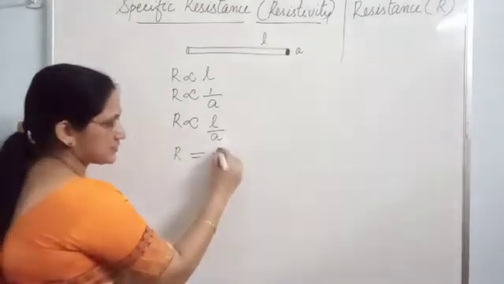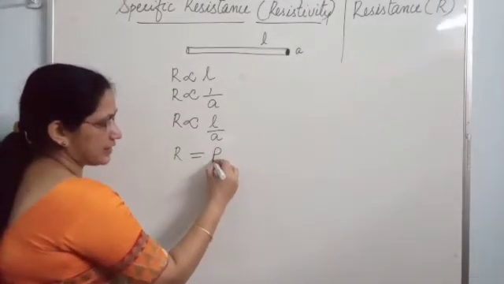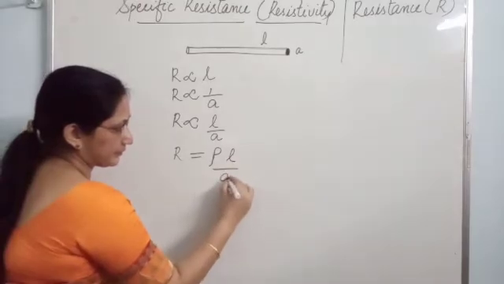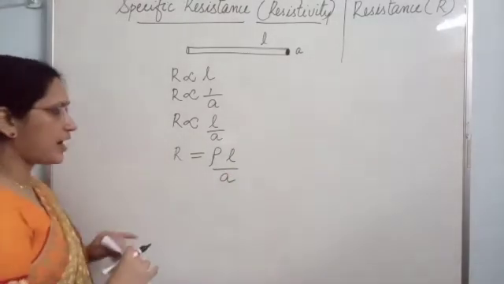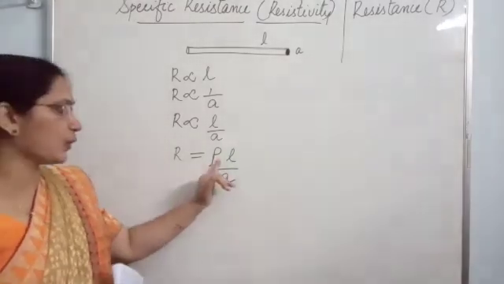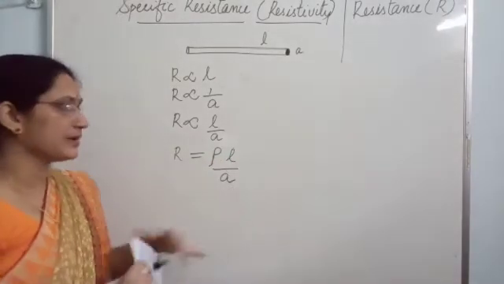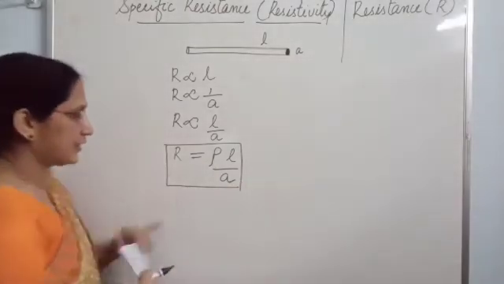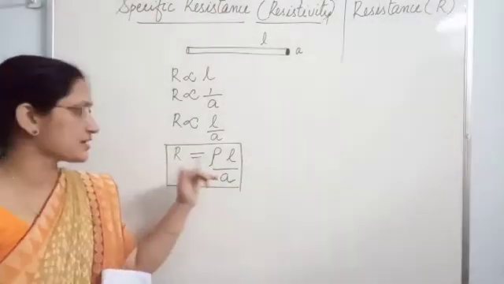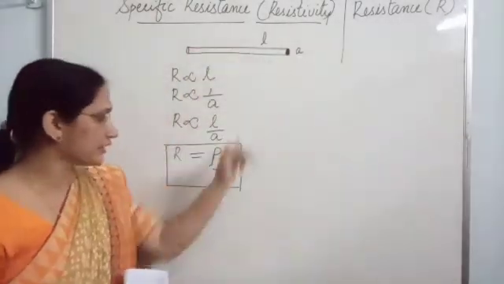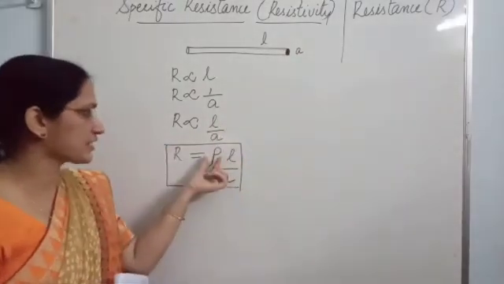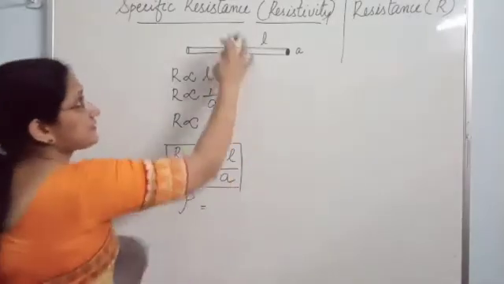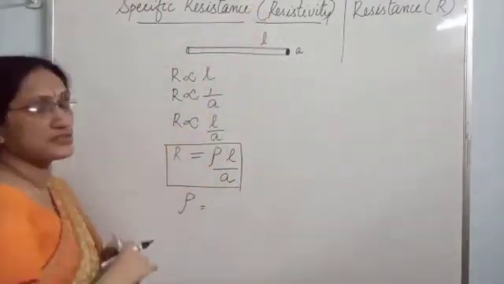That constant is rho, a Greek alphabet, rho into L by A. R, resistance, is equal to rho into L by A. This is the formula to find out resistance of any wire. Here R stands for resistance, L for length of the wire, A for area of cross section, and this term rho is known as specific resistance or resistivity.